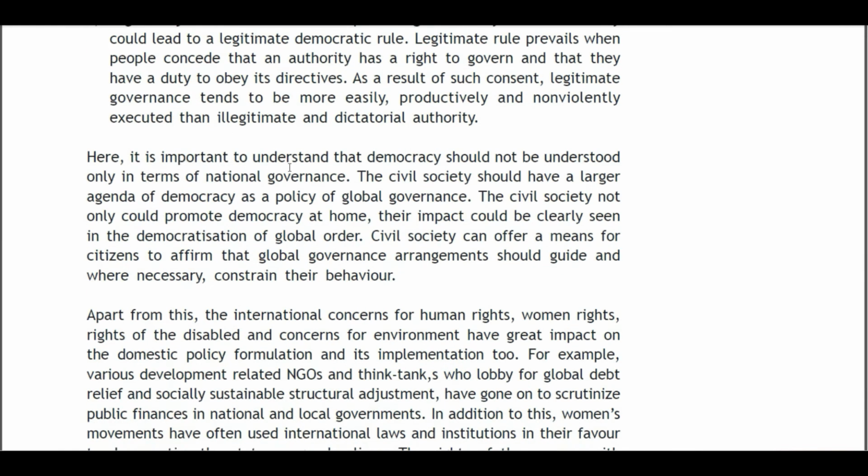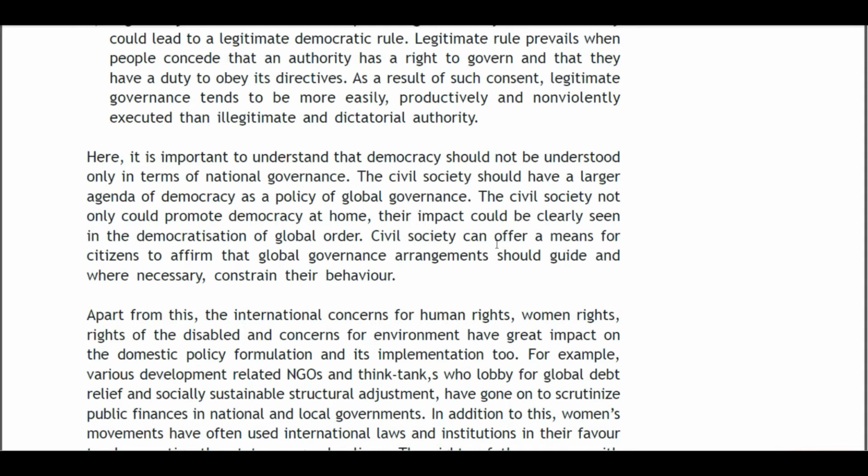Here it is important to understand that democracy should not be understood only in terms of national governance. Civil society should have a larger agenda of democracy as a policy of global governance. Civil societies not only could promote democracy at home, their impact could be clearly seen in the democratization of global order.